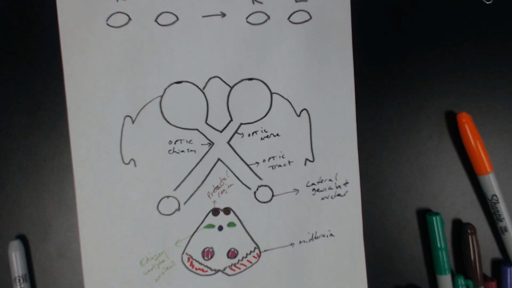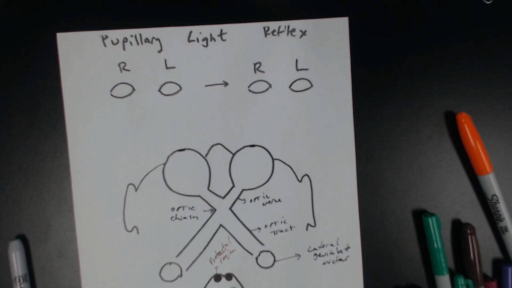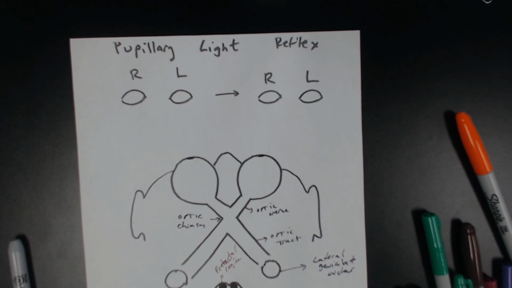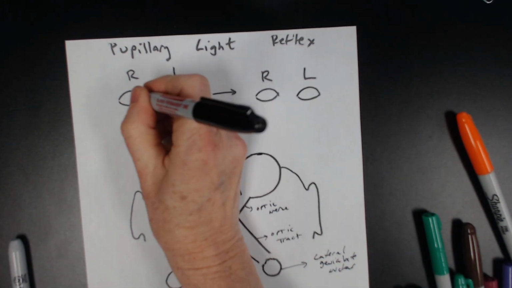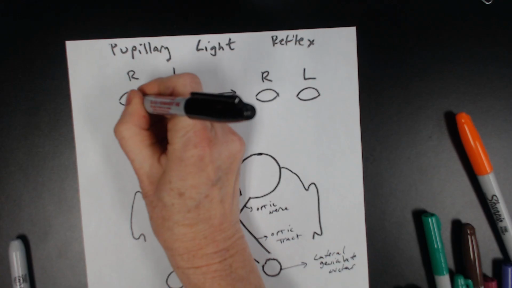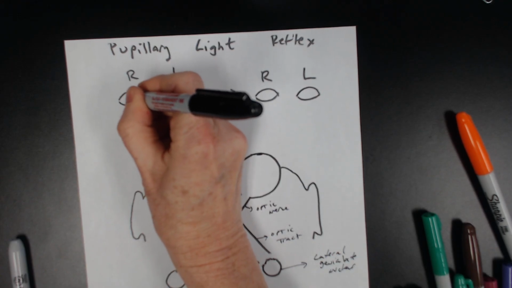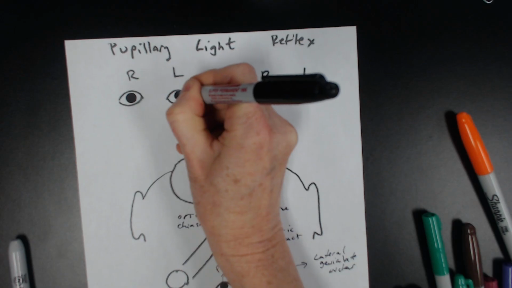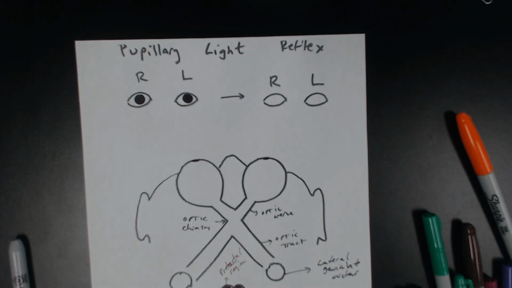Okay. And when you do the pupillary light reflex, you're going to learn how to do it next year in our rehab. But you typically perform it in a dim room. So if you're in a dim room, the pupils of your eyes are going to be great big and dilated. So this is how you start: start the test in a dimly lit room. Pupils are great big and dilated.